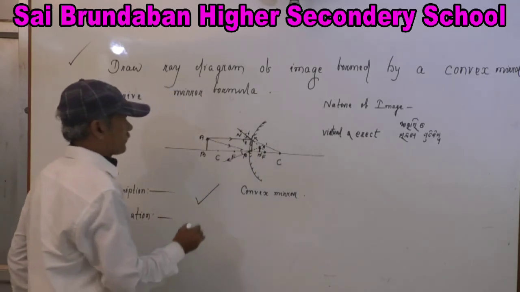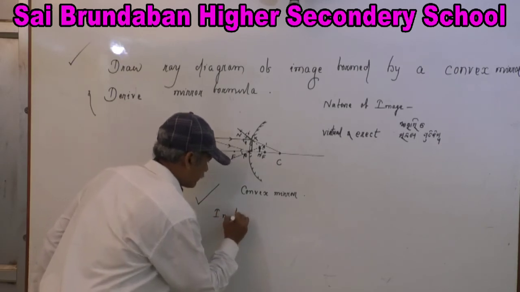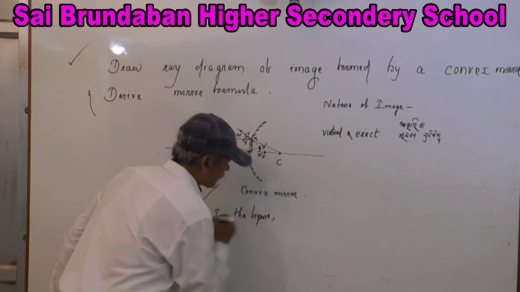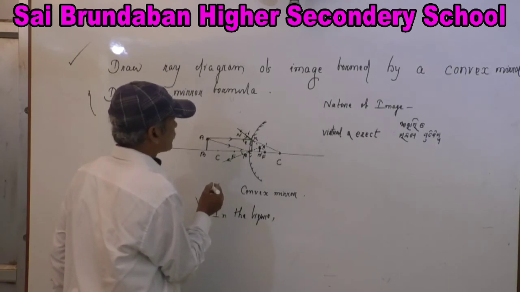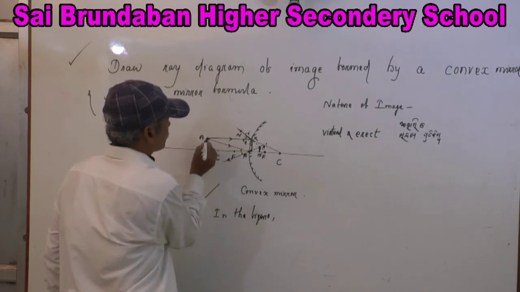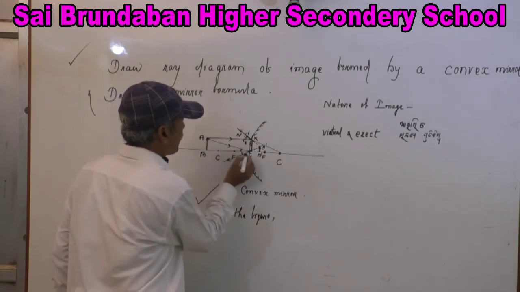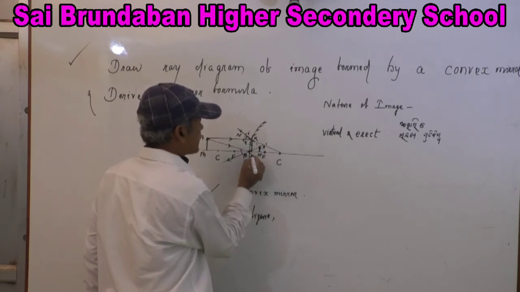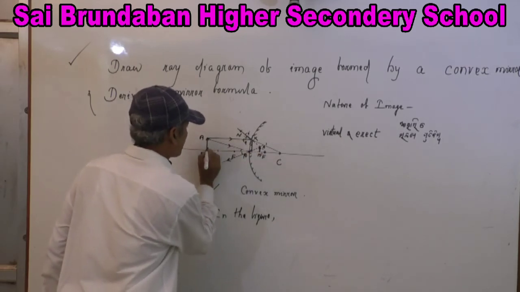Let's see in the figure. You take this triangle ABP, and you take A dash B dash P. In both these triangles, you see this is 90 degrees.